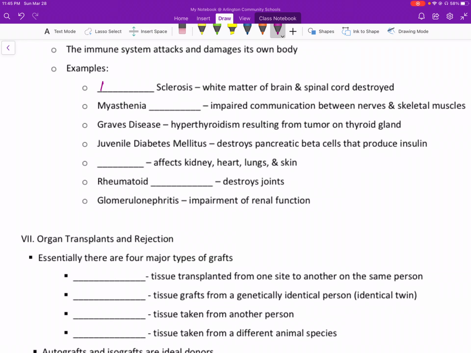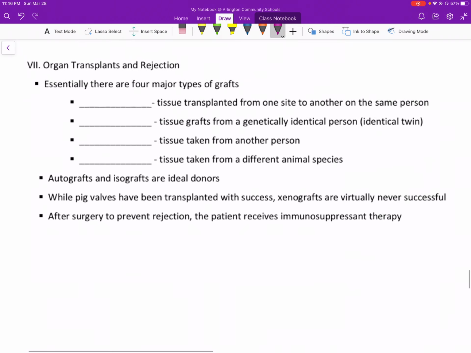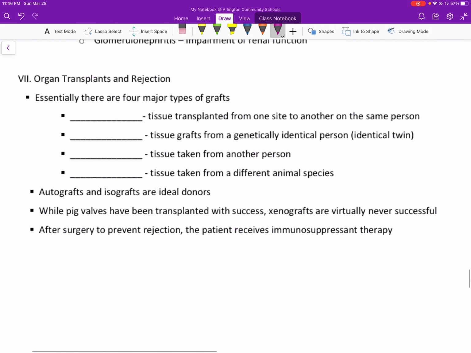For example, we have multiple sclerosis, Graves' disease, juvenile diabetes mellitus, lupus, rheumatoid arthritis, and glomerulonephritis, which is impairment of the renal function. So make sure that you guys know those. I'm pretty sure they're on your study guide.